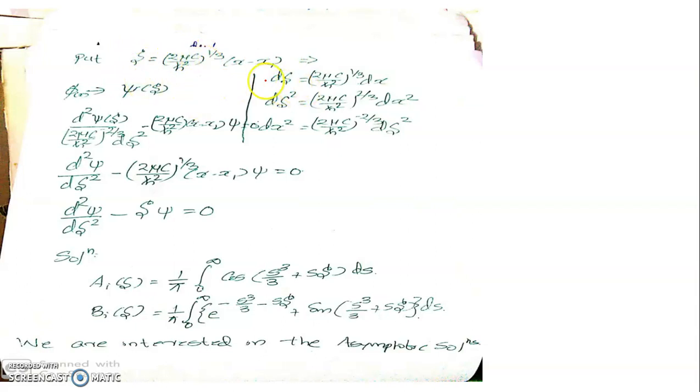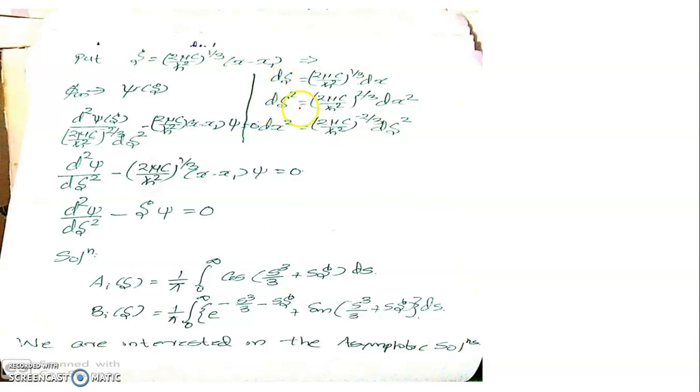Clearly, d zeta equals (2 mu c by h cross square) raised to 1 by 3, a constant, into dx, upon differentiation of x minus x1, since x1 is a constant whereas x is arbitrary.